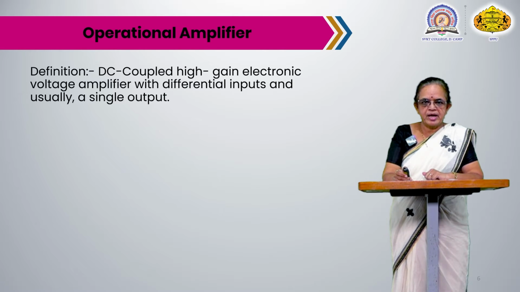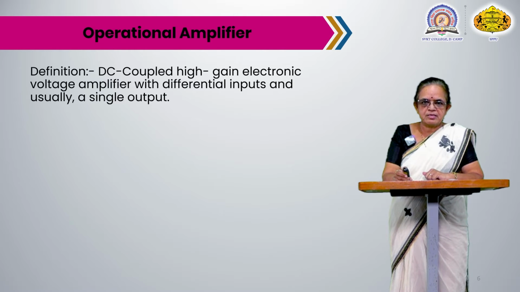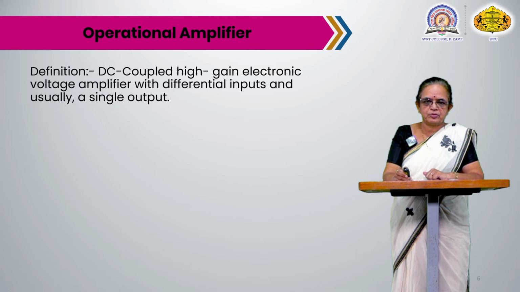We can define an operational amplifier as a DC coupled high gain electronic voltage amplifier with differential inputs and usually a single output. It has two inputs and one output, and the input is differential, meaning the difference between the voltages at the two inputs of the operational amplifier.